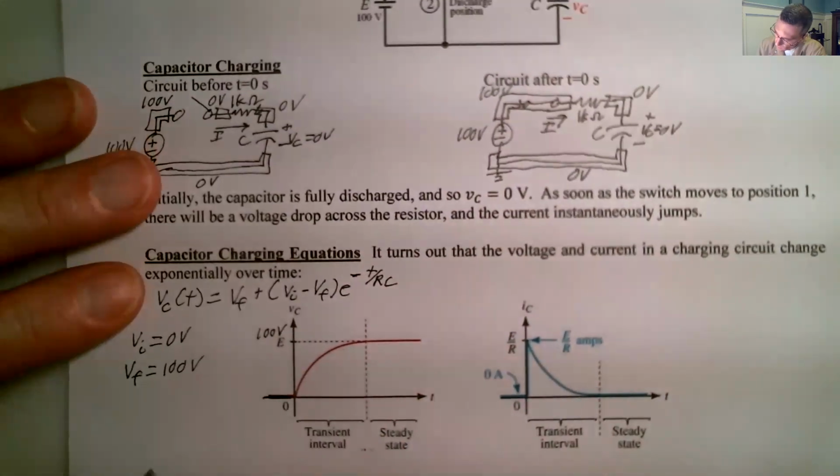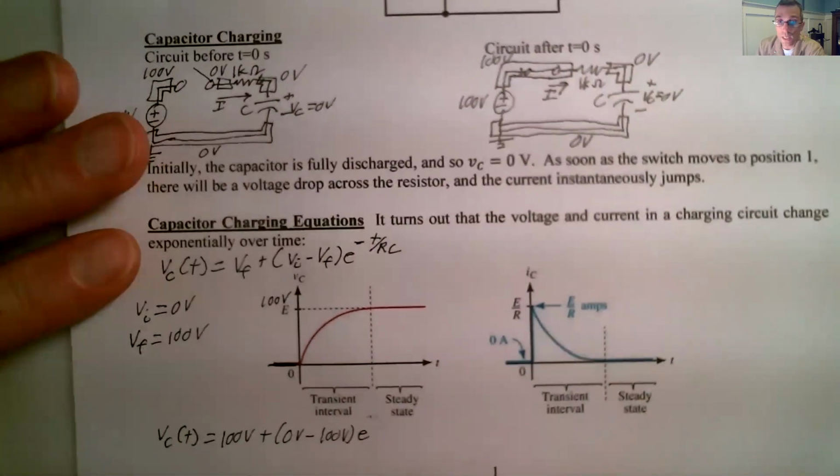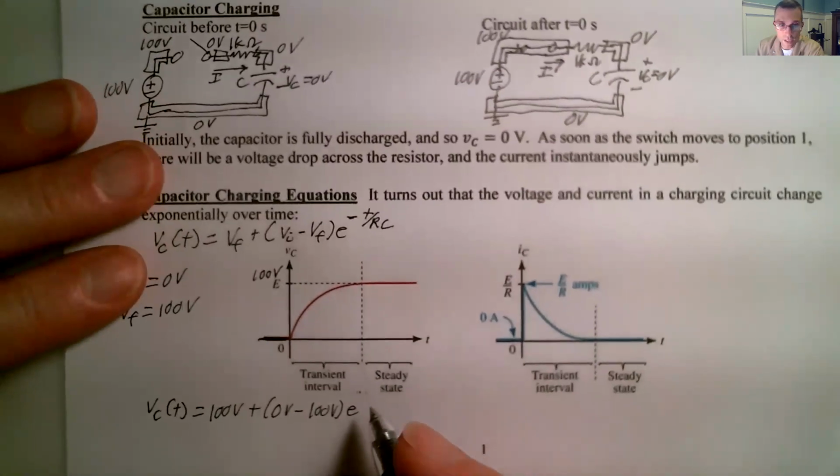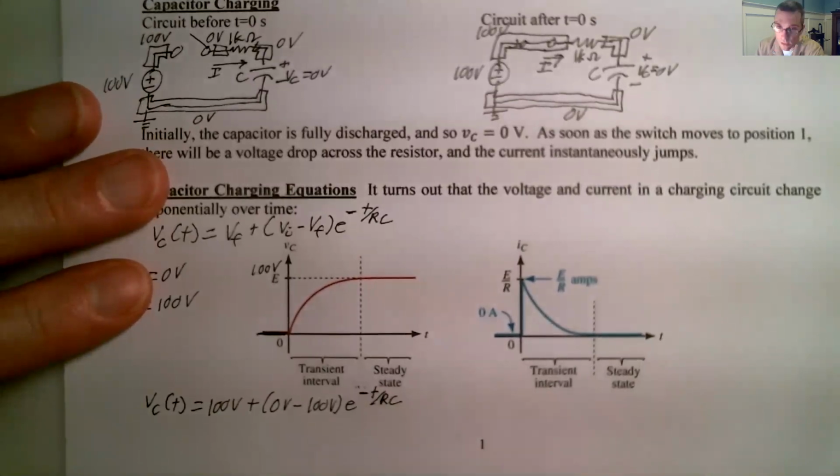With that known, we've got VC of t is equal to V final, which is 100 volts, plus the initial, 0 volts, minus 100 volts, e to the minus t over RC.